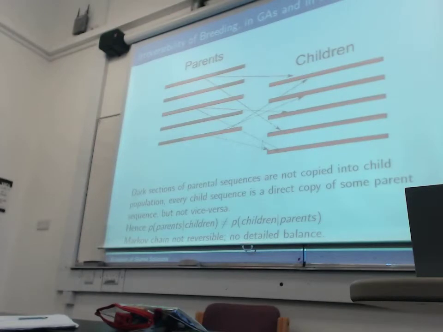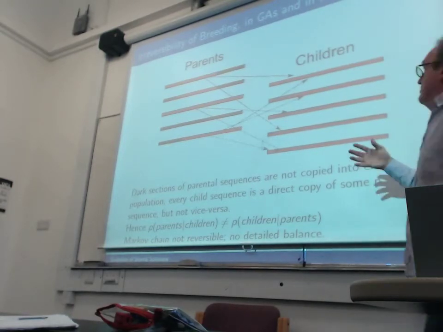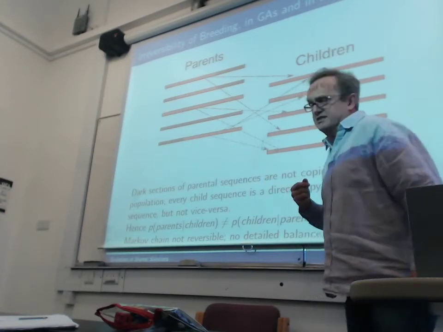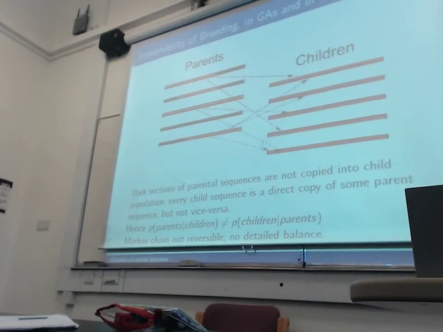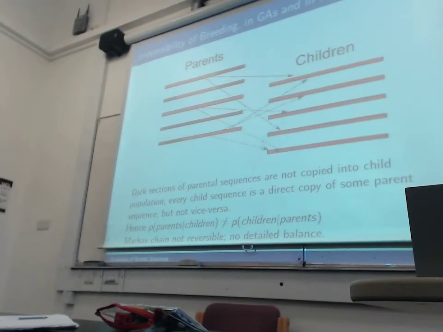Well, this is a nice and simple Markov chain. So this is a nasty Markov chain, which is considerably harder to analyze. So this, I think, is very convenient for large parts of the field of genetic algorithms, because it means that the problem has been set up in such a way that analysis is really hard.